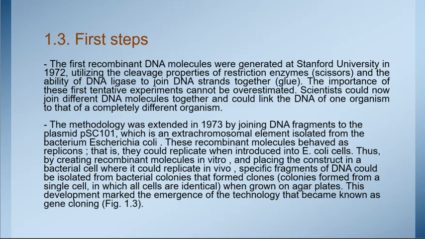Thus, by creating recombinant molecules in vitro and placing the construct in a bacterial cell where it could replicate in vivo, specific fragments of DNA could be isolated from bacterial colonies that formed clones. Colonies are formed from a single cell, in which all cells are identical, when grown on agar plates. This development marked the emergence of the technology that became known as gene cloning.